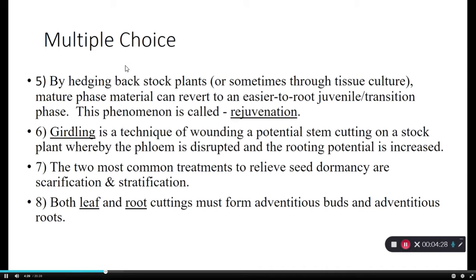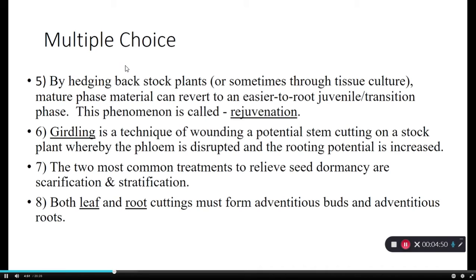So on number 5, by hedging back stock plants, or sometimes through tissue culture, mature phase material can revert to an easier to root juvenile or transitional phase. We call this rejuvenation.